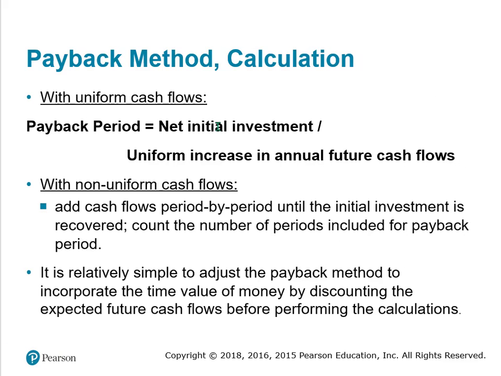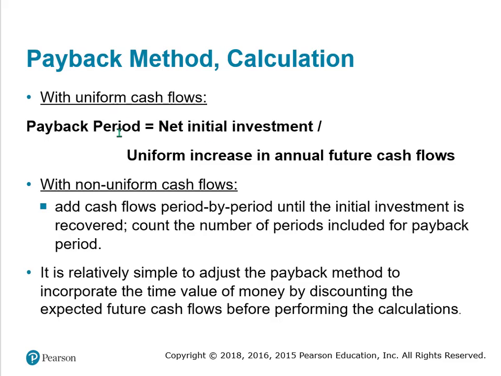Now we've got two different types of problems that you'll see. Some where the cash flows are all the same, like in the example where they save $15,000 a year, or it could be different, where they differ period by period until the initial investment is recovered. So we'll approach these in two different ways, but it's still relatively simple.